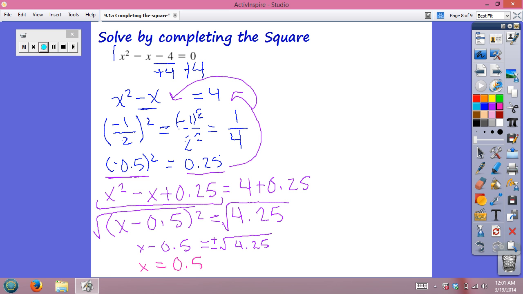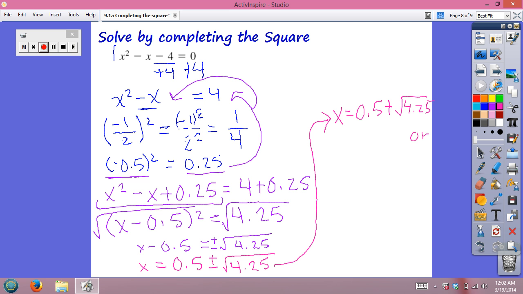So we get 0.5 plus or minus the square root of 4.25. And then we have to account for both of our answers. So we get x equals 0.5 plus the square root of 4.25, or x equals 0.5 minus the square root of 4.25.